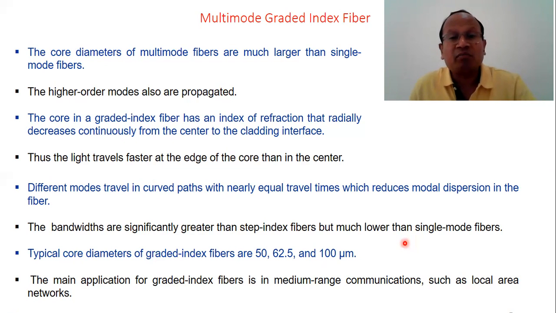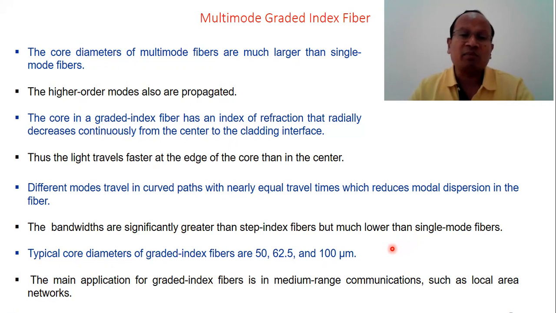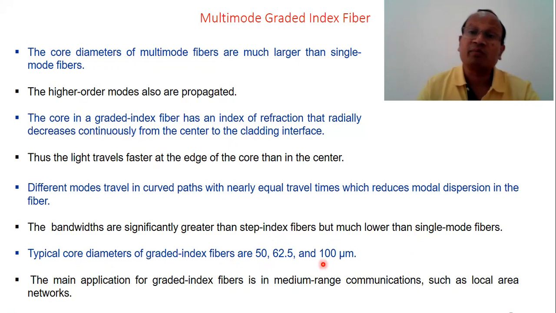When we compare multi-mode, there are two: graded index and step index. Graded index has more bandwidth and step index has less bandwidth. Typical core diameters for graded index fibers are 50, 62.5 and 100 micrometer.